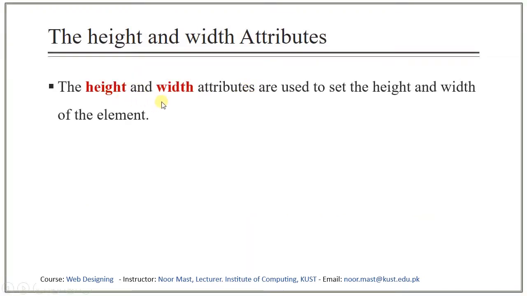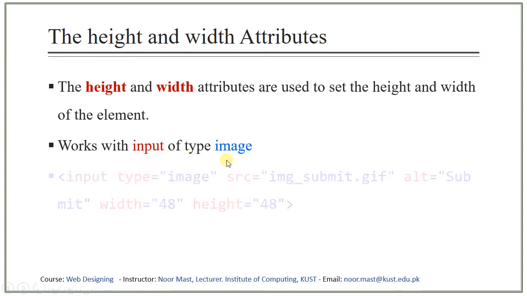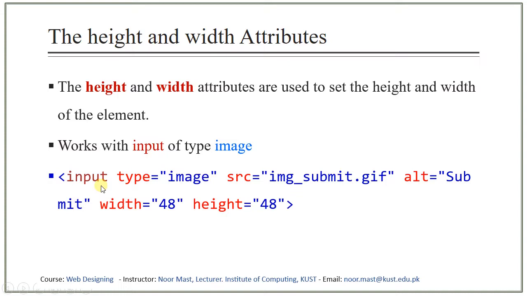The height and width attributes are used to set the height and width of the element. These attributes are used with input of type image. Look at these codes. It shows how to use the width and height attributes.